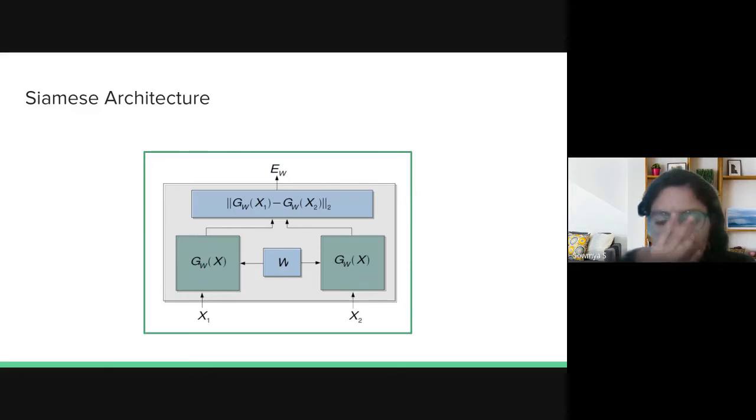So this is the architecture. I have two inputs, x1 and x2, and the distance between them, the Euclidean distance, is what I'm generating. So this is sort of a dense layer, which is a representation, and that is not actually depicted here. Basically, inside this, you have a network that will finally output a vector.